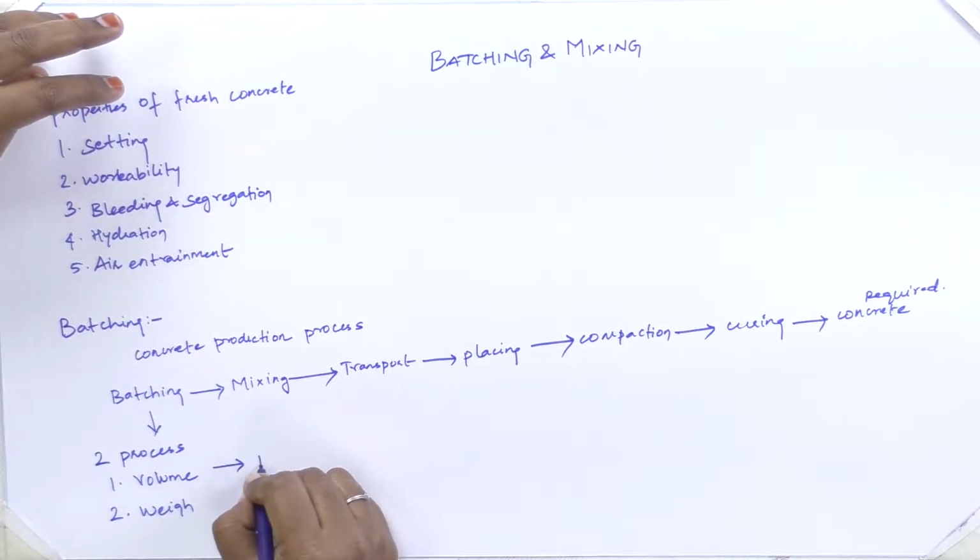Even if it is used, it is used for small non-engineered works. In volume batching, for example a 1:6 ratio, we fix some ratio, and based on that ratio we use the ingredients.